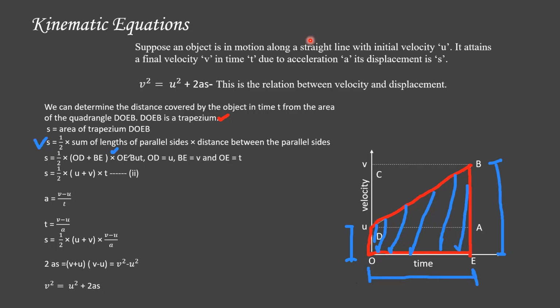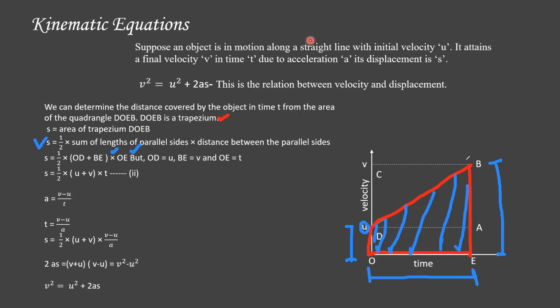But if you look over here, OD, this value, is equal to U, which is the initial velocity. Why? Because I have already written it over here. And BE is equal to V. Why is it like this?